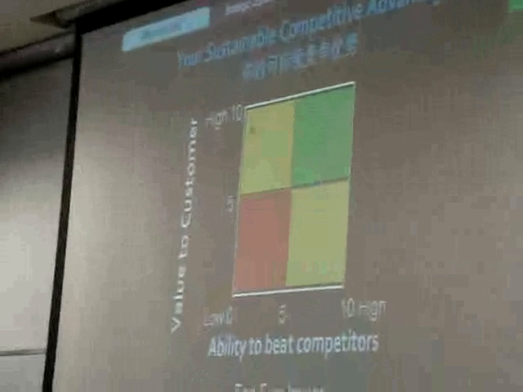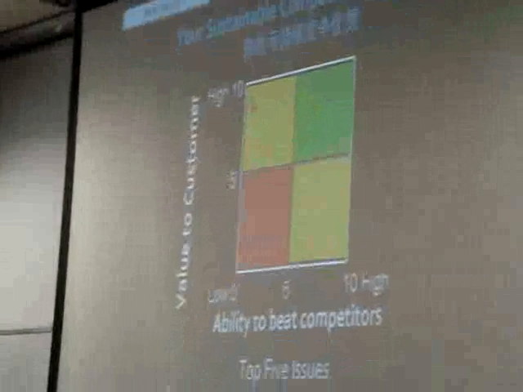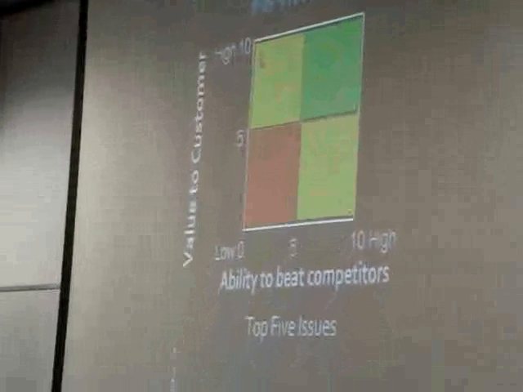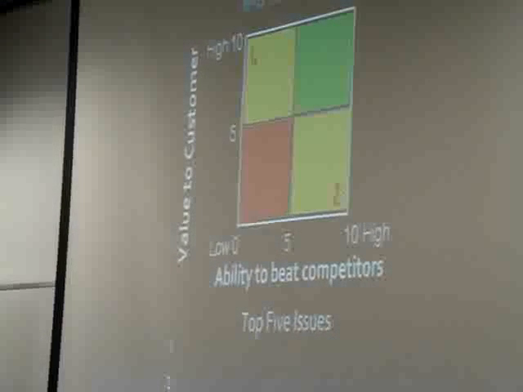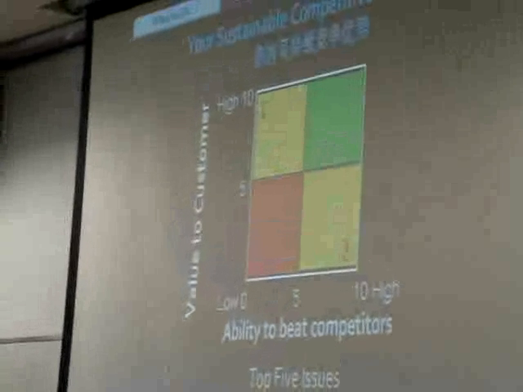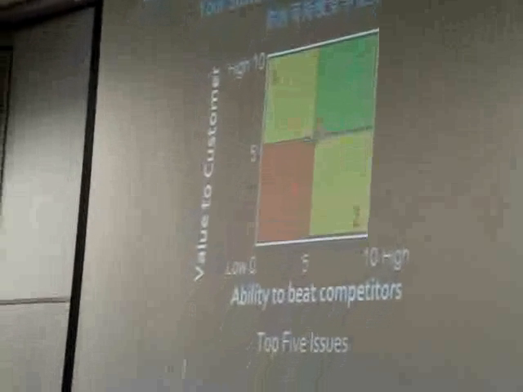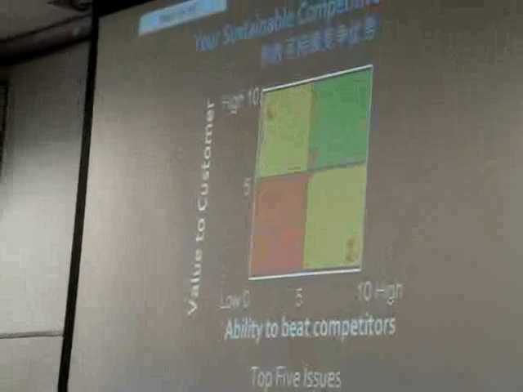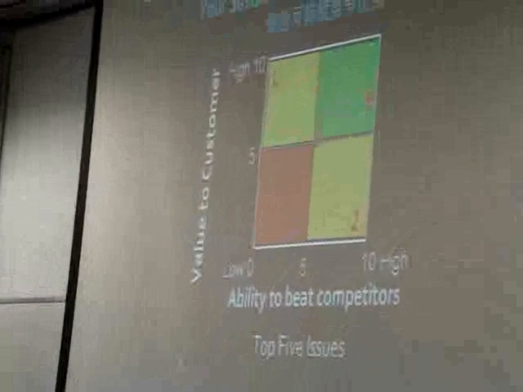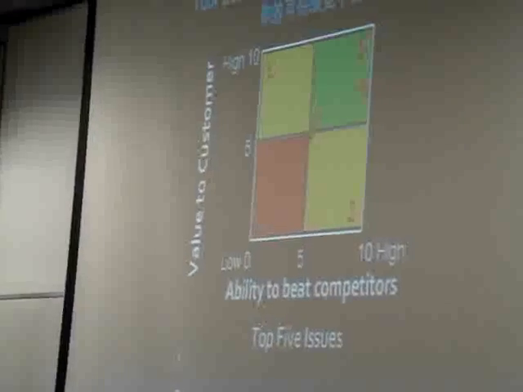All right? Then number 2 might be very high on beating competitor and low in terms of the customer. You with me? And then you might have one that is halfway. Then you might have one that's very high on both, and another one. So you might have a ranking like that. Hello? Yes. Alright? See what I mean here?